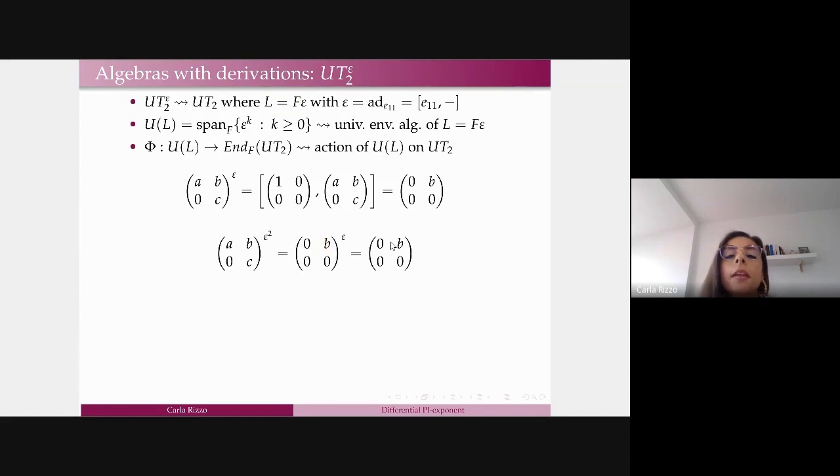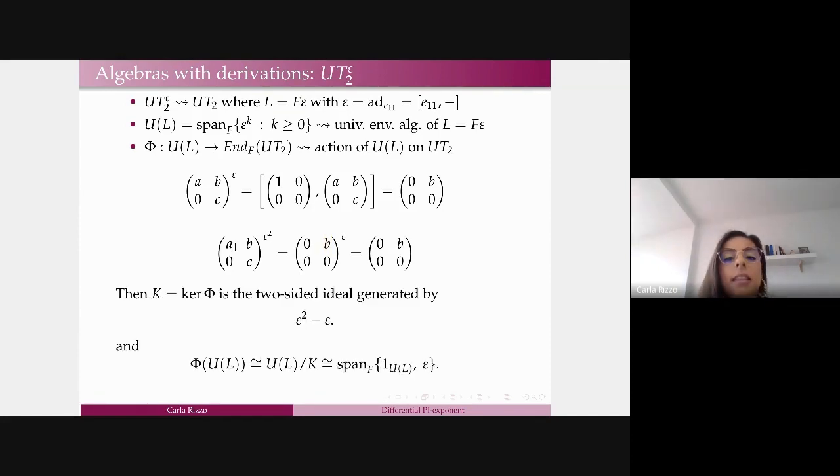This actually tells us that epsilon square minus epsilon is an element of the kernel, and more, we know that the kernel of this homomorphism phi is the two-sided ideal generated by this element, epsilon square minus epsilon. So basically, the elements that are really interesting in the action are just the unit and the derivation epsilon, because all the others can be reduced to the action of epsilon or are trivial.